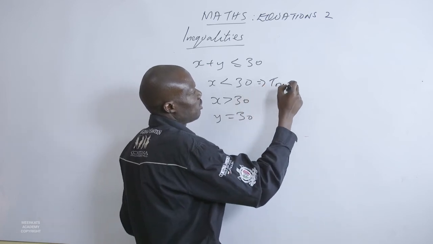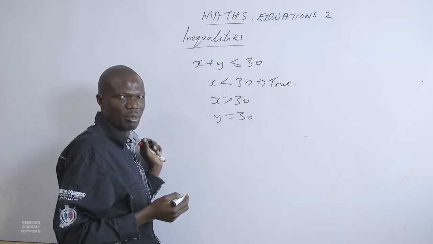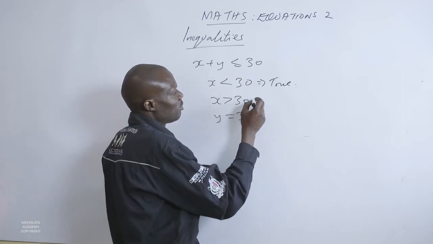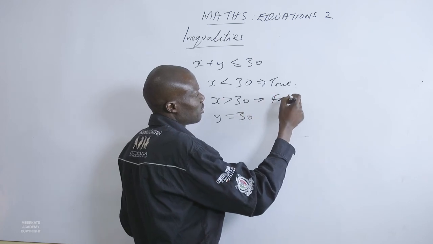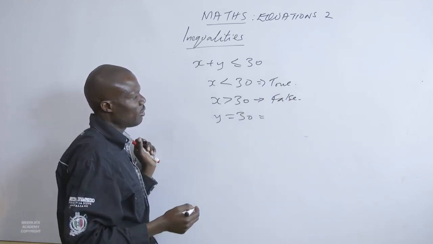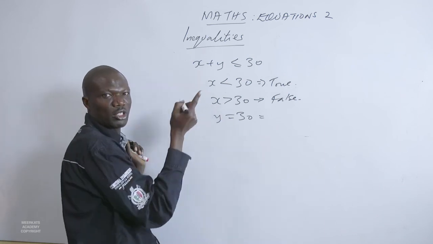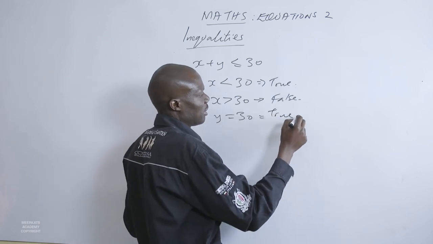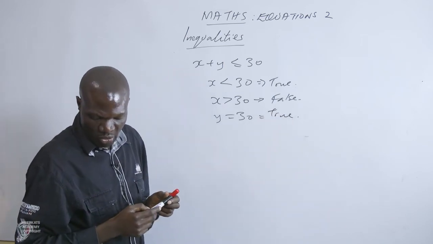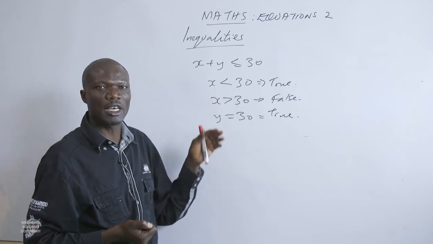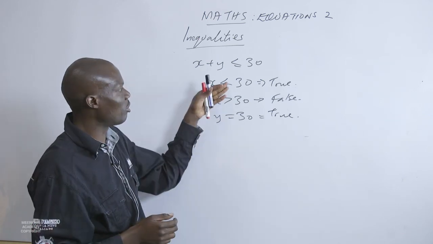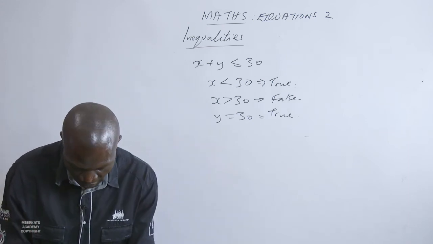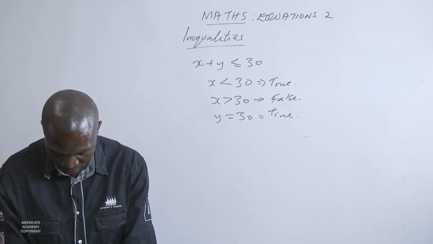So this statement is true. But can x be greater than 30, given that if we add the two, it will give us 30 or less? This statement is false. And when you say y is equal to 30, it's possible: if x was 0, then y would be equal to 30. So this statement is true. So when we work within the boundaries, we are able to separate and find when the statements are true and when they are false.